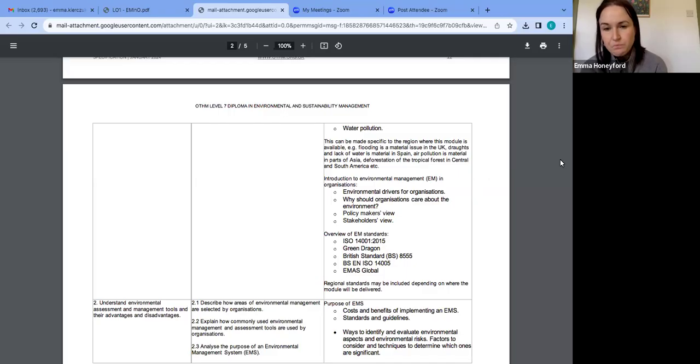I'm not specifically sure which standard may be most applicable for flooding risk, but I can look into that. But these are the different standards that exist at the moment and are most common. You've got Green Dragon, ISOs, the British Standard 8555, and then you've got EMAS, which is a global popular standard.